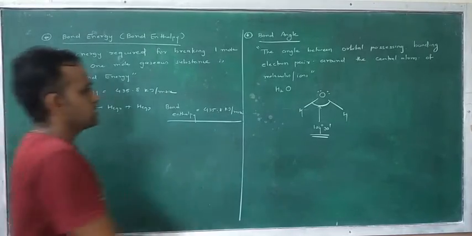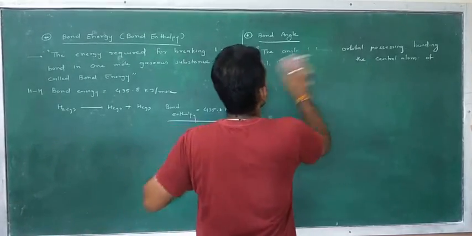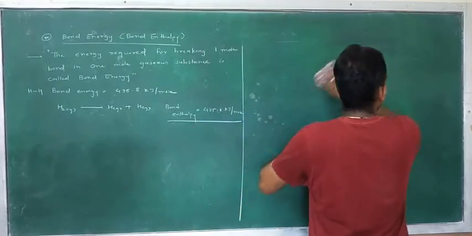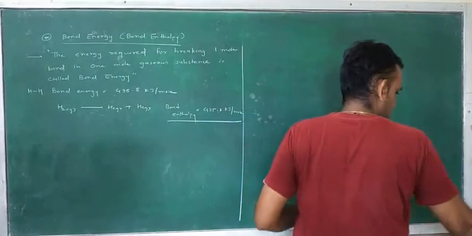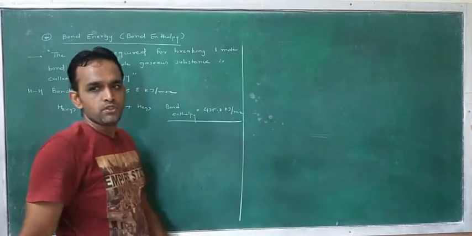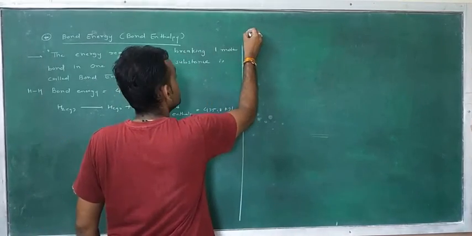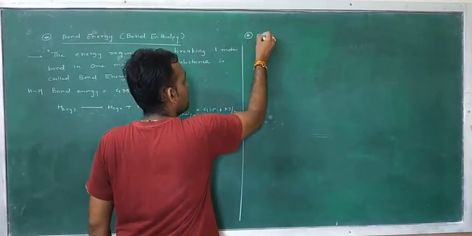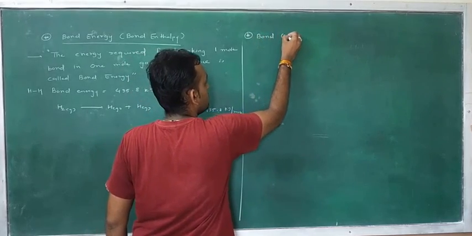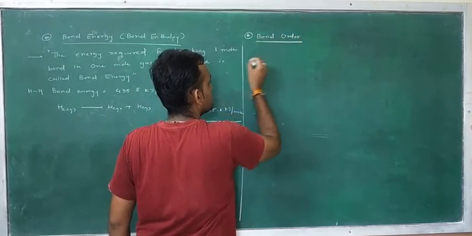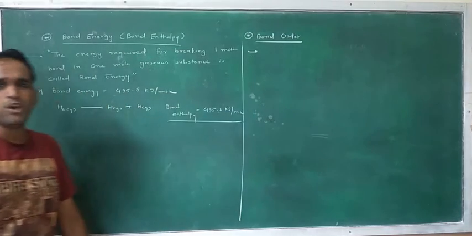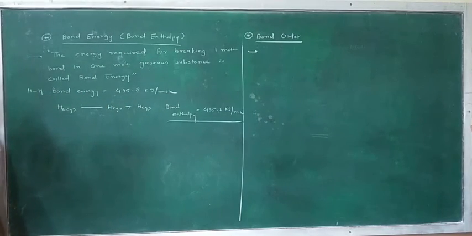Then the last one. Last one, it will be given what? Bond order. Bond order means the number of bonds between the atoms present in the molecule.